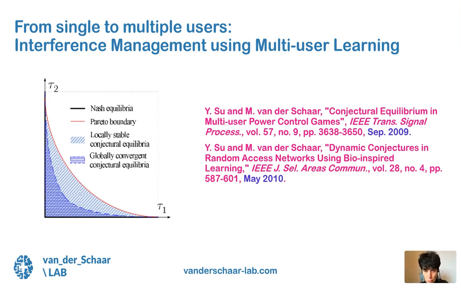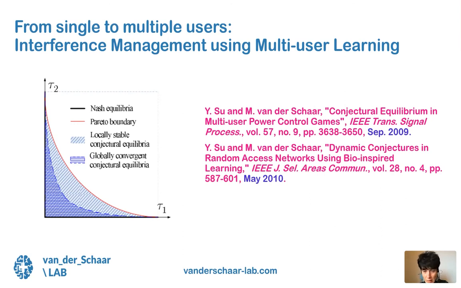And indeed, in 2000s, we have formalized and solved that as a multi-user learning problem. So we formalized the interference management problem in wireless communication, the power control games, as a multi-agent learning problem.